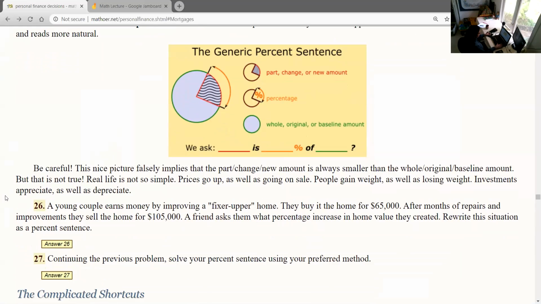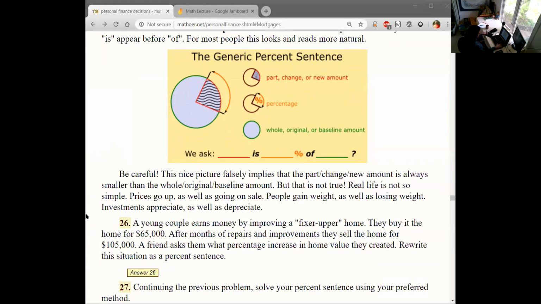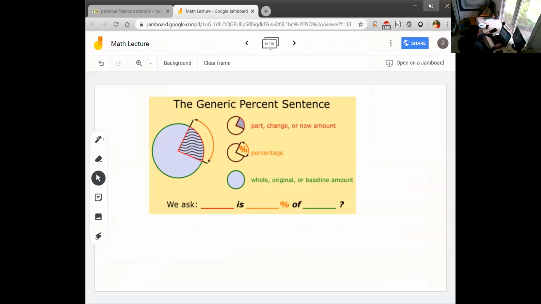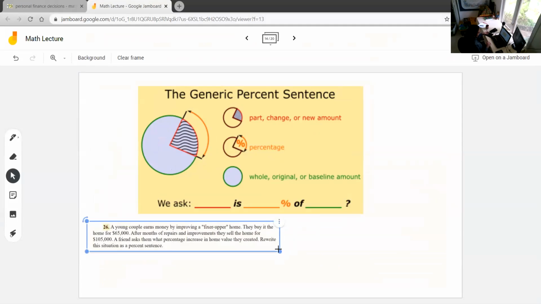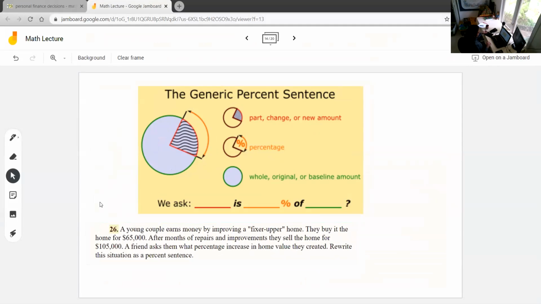Okay, see if you get it. Actually, that's going to be too wide. So in this case, blank is blank percent of blank.